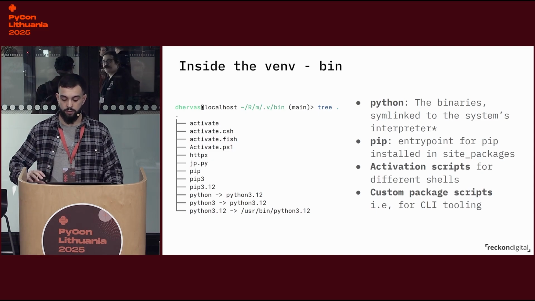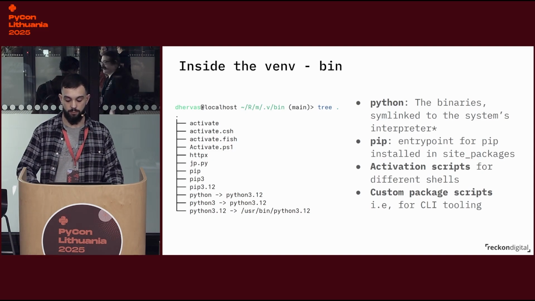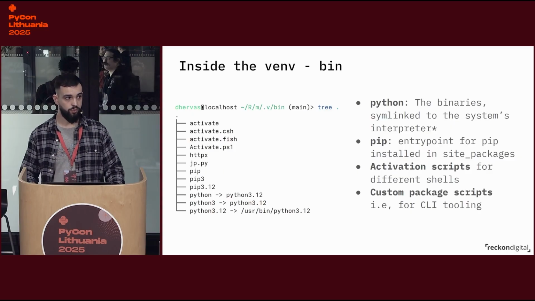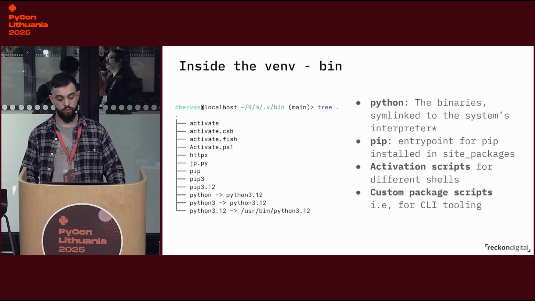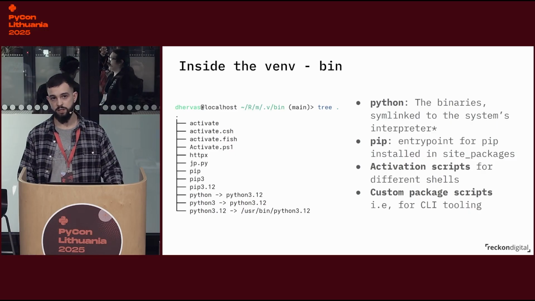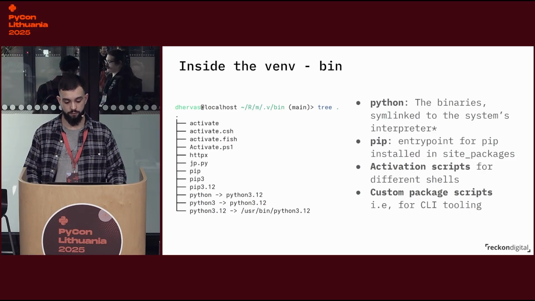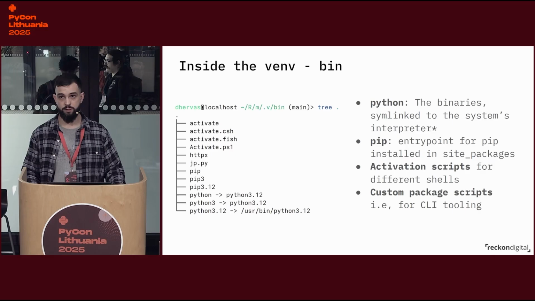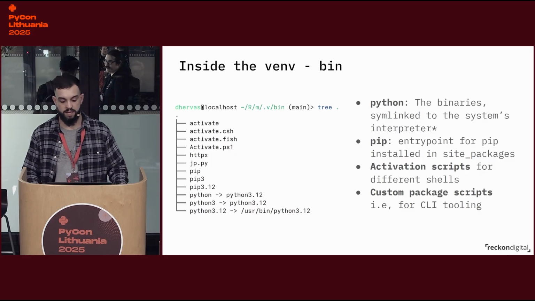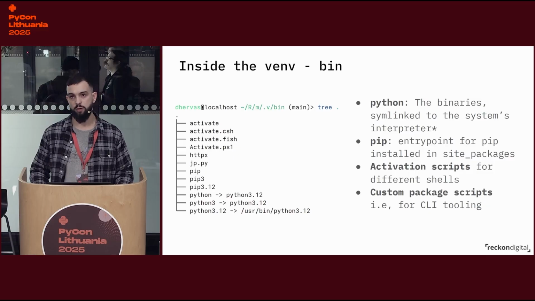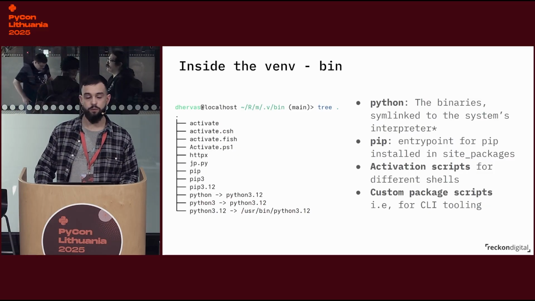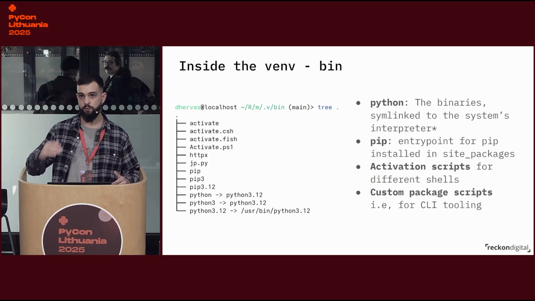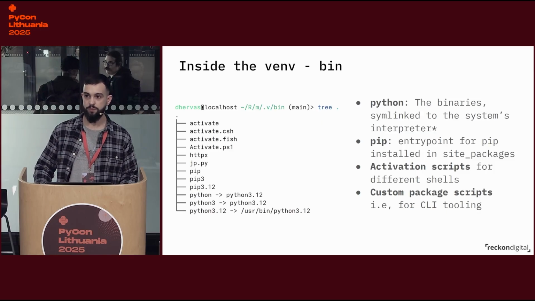uv, for example, will actually pull precompiled binaries into your machine. So uv will not link to your OS installation. It will pull their own version of Python. Let's say that the major reason is that they can be more modular with the way that they do things, in the sense that you can have different virtual environments for different Python versions.